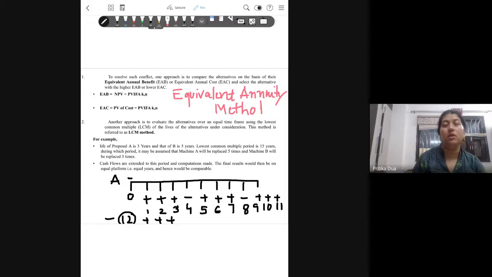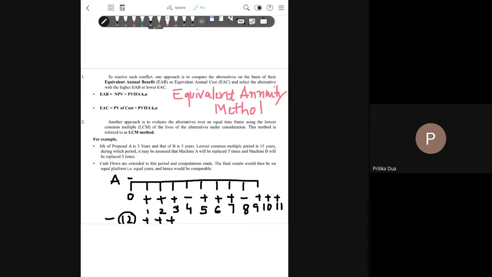The project with a lower equivalent annual cost, which is lowest among all the competing projects, will be accepted. And again, in case of equivalent annual benefit, the project which is giving higher benefit would be accepted. So this method makes the choice easier, and with respect to competing projects, it brings them to the same point.